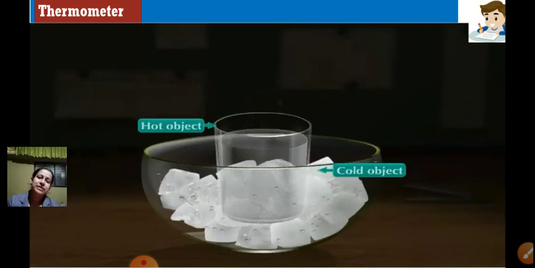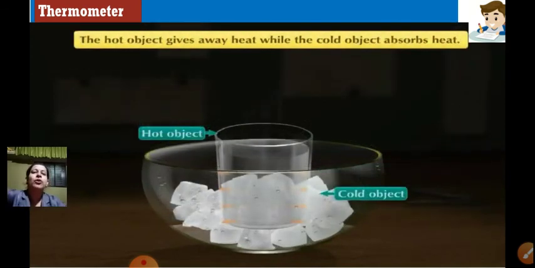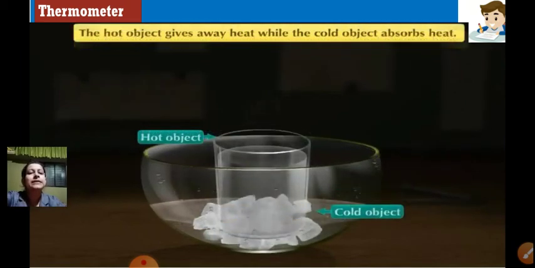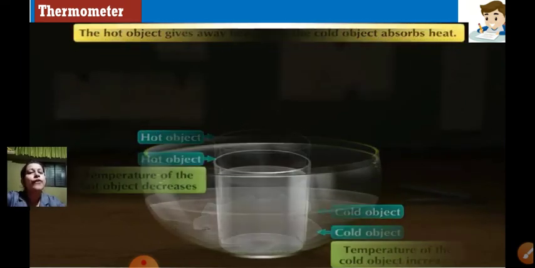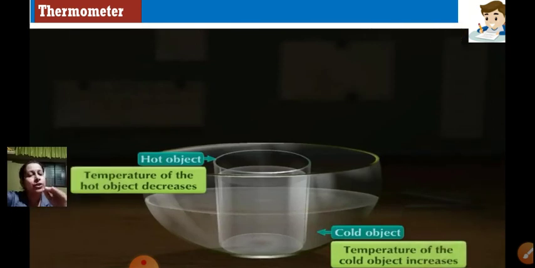So you have learned last time also that when a hot object is placed in a cold object, what happens is that the hot object goes on giving away heat. Okay, the hot object loses its heat, whereas the cold object absorbs heat, and therefore the temperature of the hot object goes on decreasing.